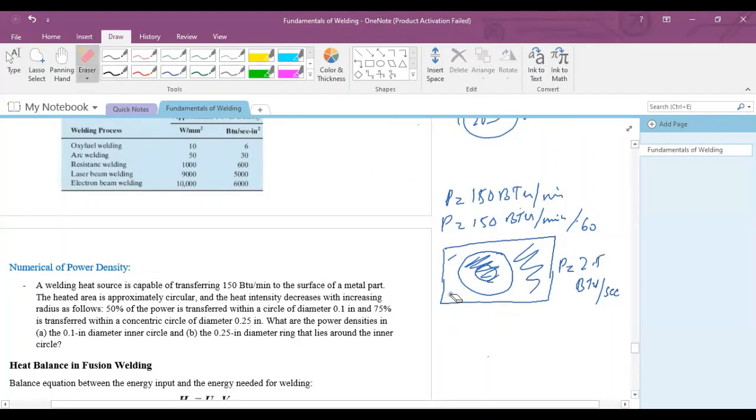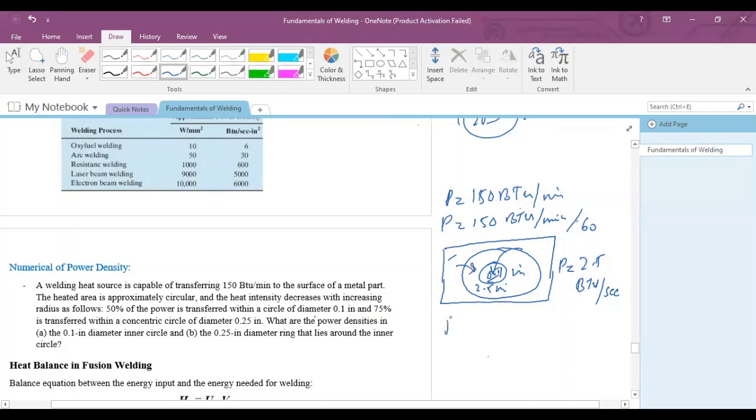One has a diameter of 0.1 inch, and the big one is 0.25 inch diameter. 50% of the power is transmitted within the circle of diameter 0.1 inch, and the remaining 75% is transferred within the concentric circle of diameter 0.25 inch here. What is the power density?